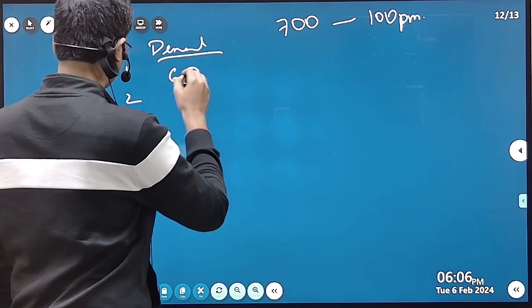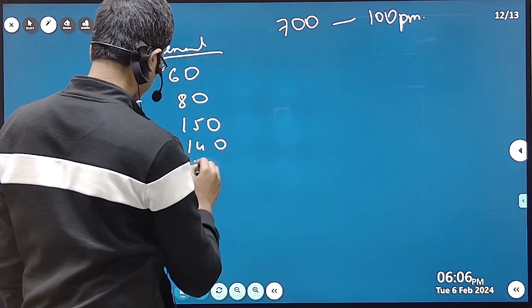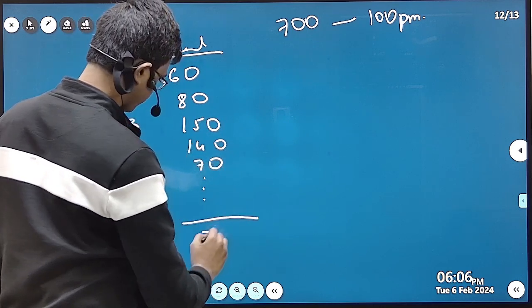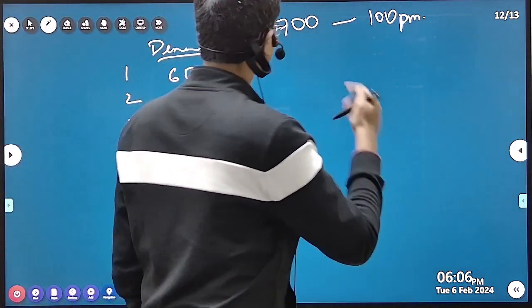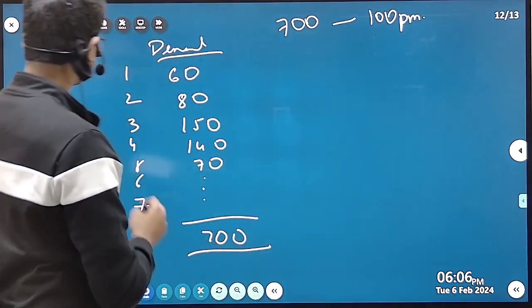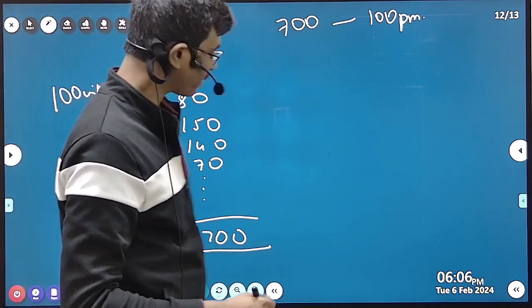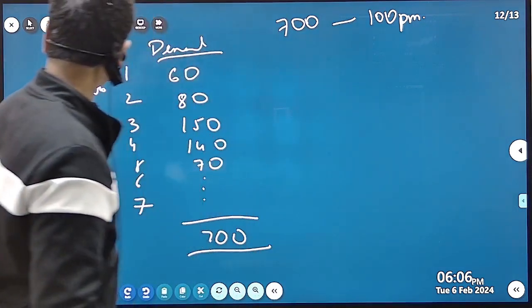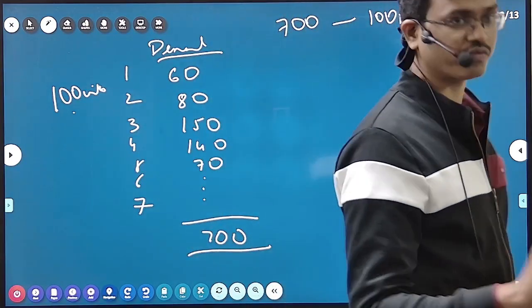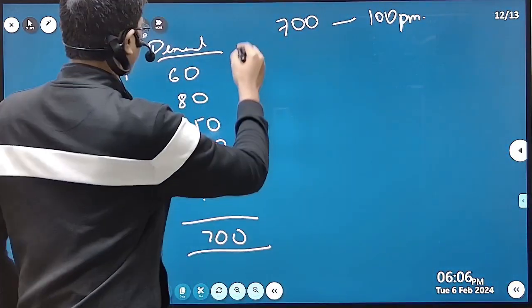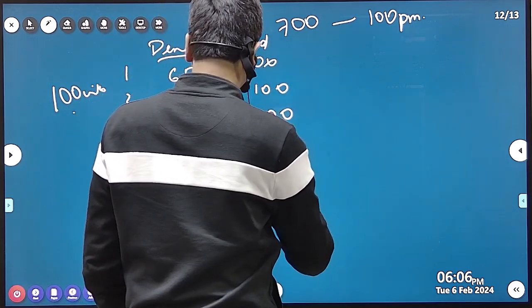Probably it is 60 here, then 80, then 150, then 140, then probably 70, and so on, and it totals 700. And you can produce 100 per month. So you have to plan in such a way that your inventory will suffice your demand, and there's no change in the workforce. The workforce will remain constant. So you may probably produce 100 each month. You keep it constant.